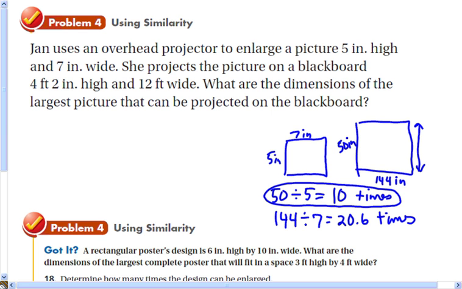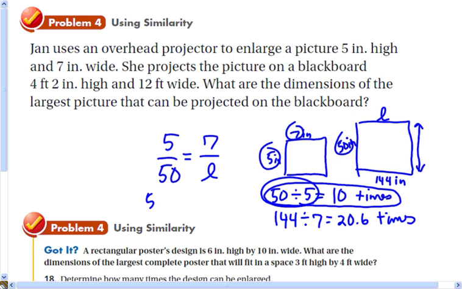So I'm going to use these numbers to come up with my new dimensions. So 5 over 50, that's this ratio. That's going to be the same as 7 is to the new length, which I'll use L for.